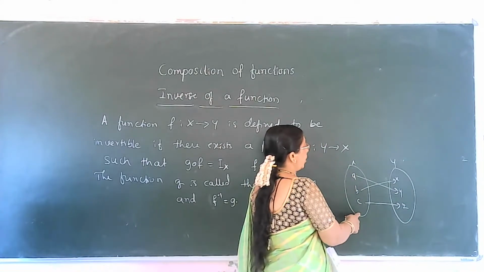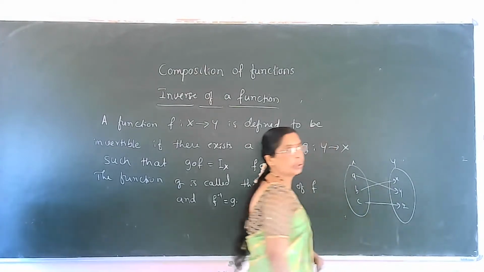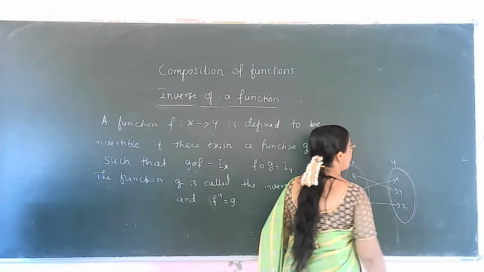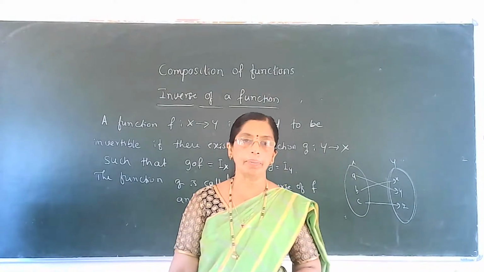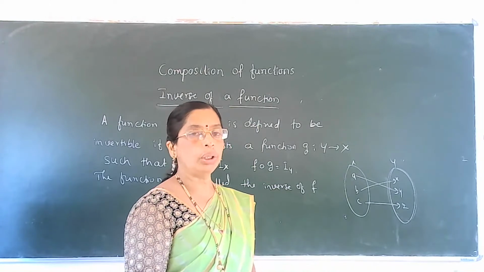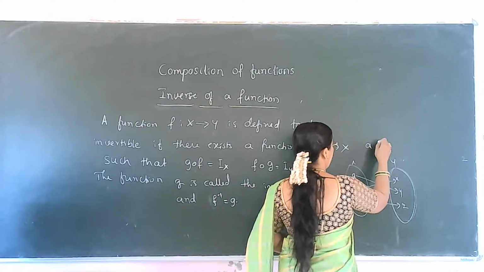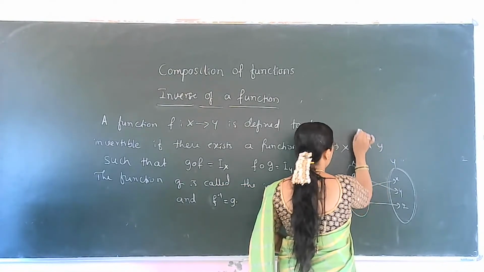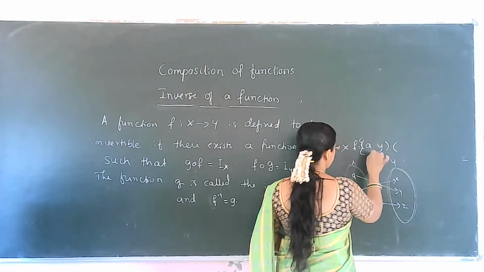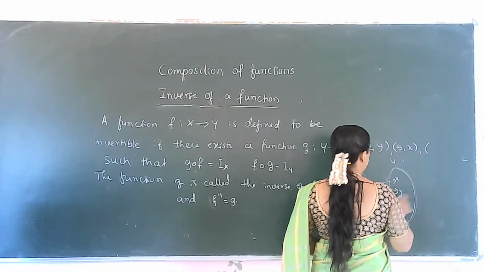Every element of A should have only one image in Y, and every element of Y should be the image of some element of X. Then only the function is invertible. Here the function is equal to a to y, b to x and c to z.